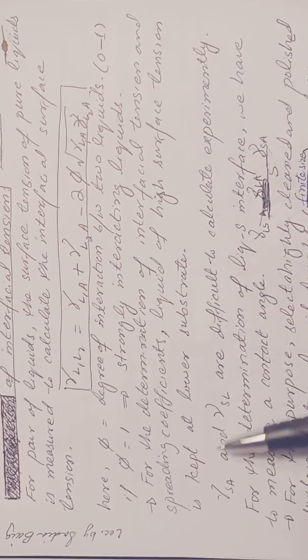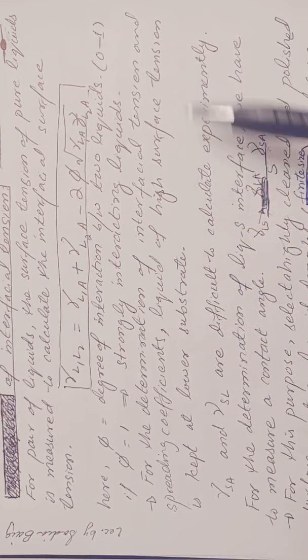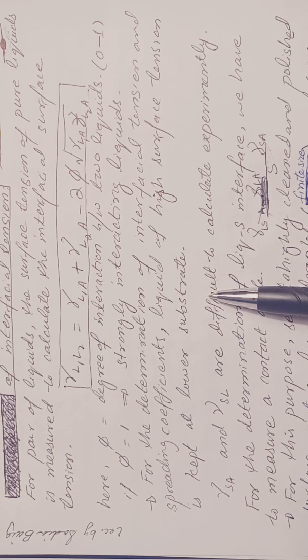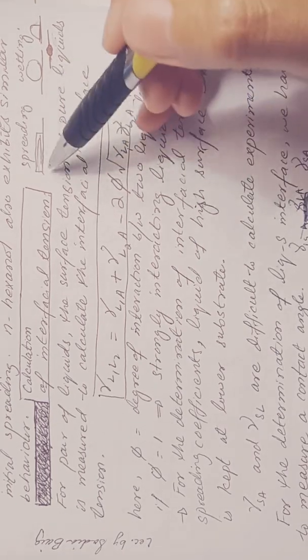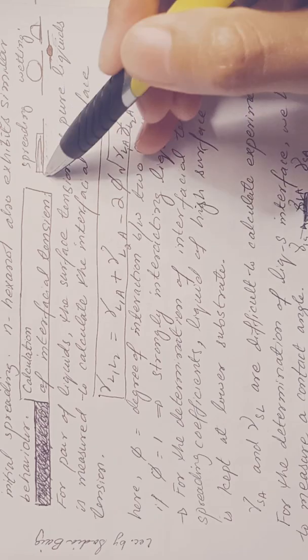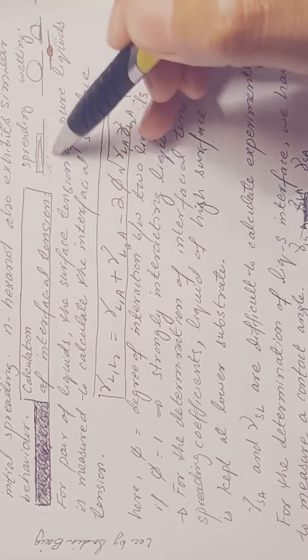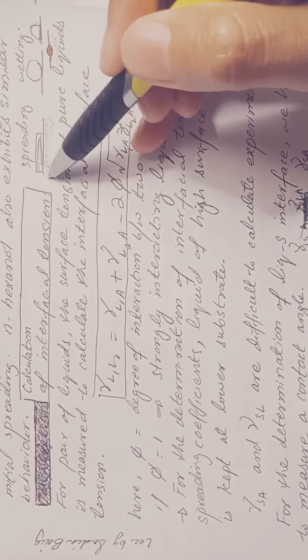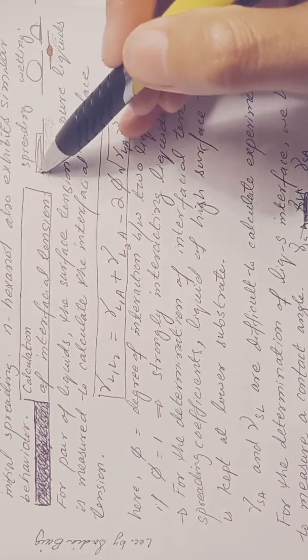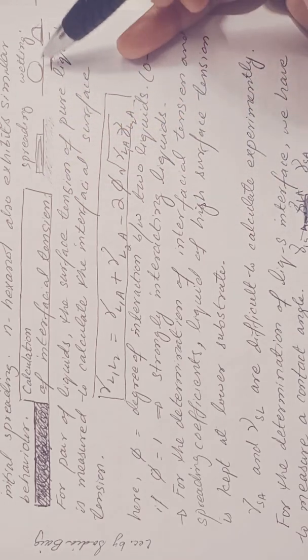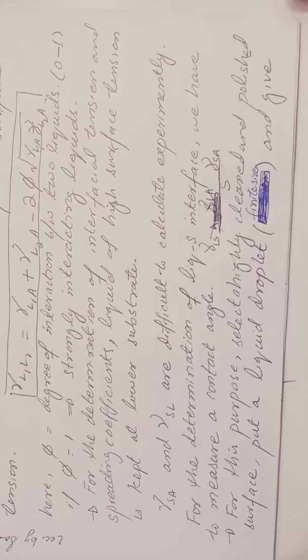For the determination of interfacial tension and spreading coefficient, the liquid of high surface tension is kept as the lower substrate. Like in this figure, this substrate can be either solid or liquid, and it should have a higher surface tension than the other liquid which is going to spread or be measured for wetting or spreading coefficient.